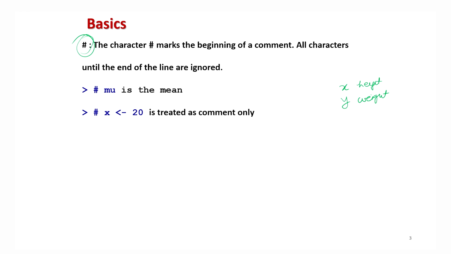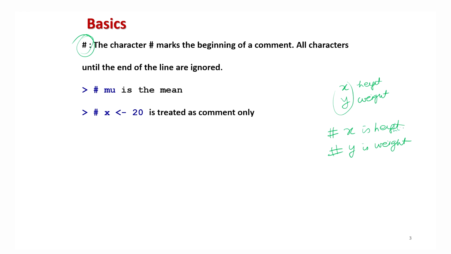So, now you will be using height and weight data, and you are going to use x and y to indicate it. But after some time it is possible that you may forget what was your x and what was your y. So, I can write down here hash, x is height, hash, on the next line y is weight. Right.